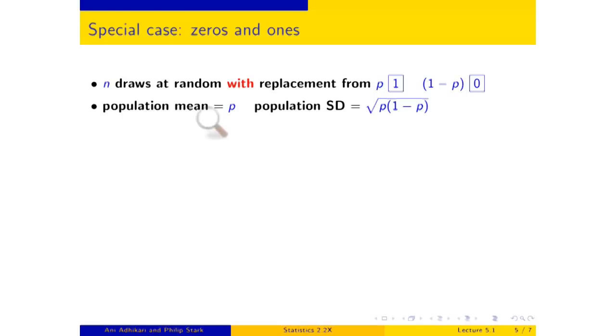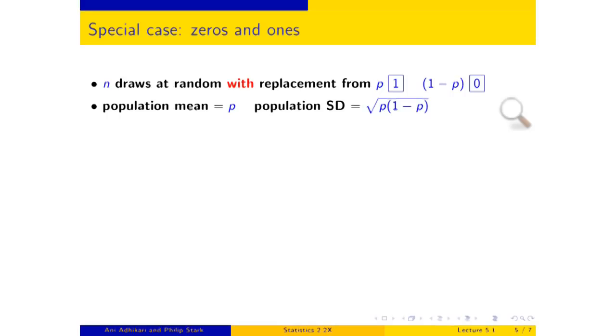So your population mean is P and the population SD is root P(1 minus P). This is what I was calling mu in the general case, and this is what I was calling sigma. In the case of zeros and ones, you can simply work both of them out from the proportion of ones.